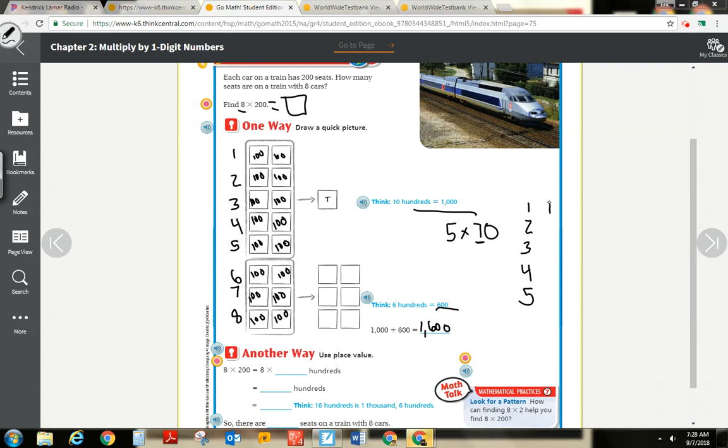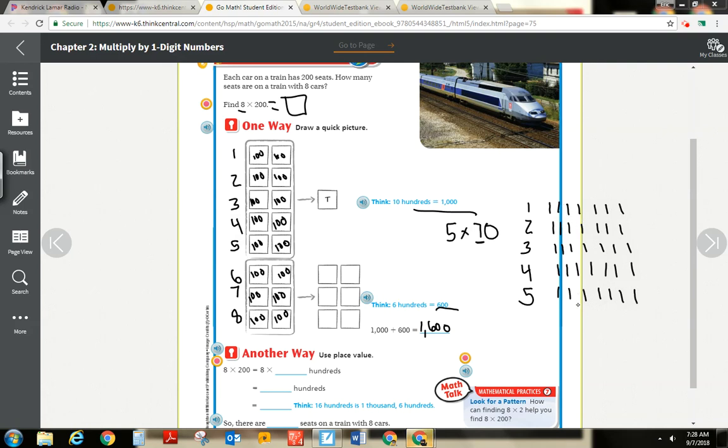I can go like this: 1, 2, 3, 4, 5, 6, 7. So 7 tens, 7 tens, 7 tens, 7 tens, 7 tens. You notice how I did my best to line them up.